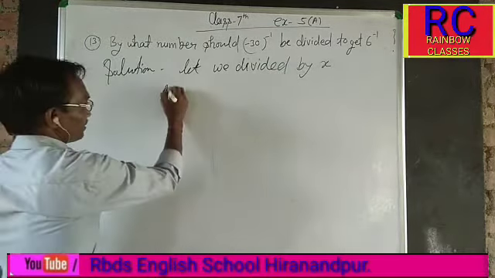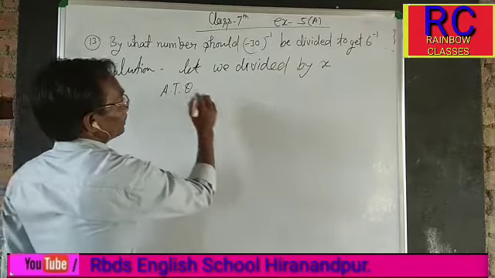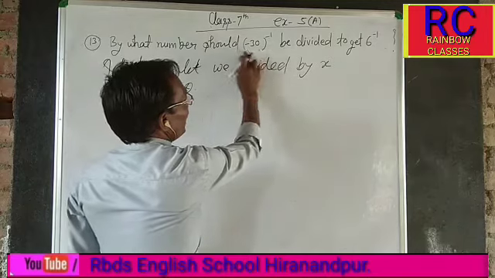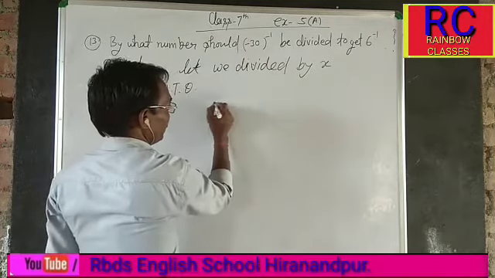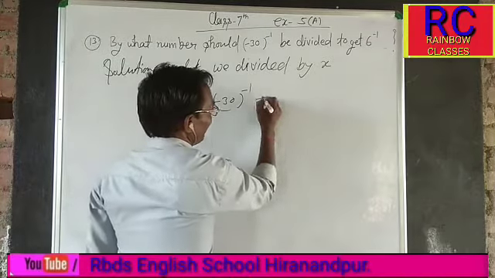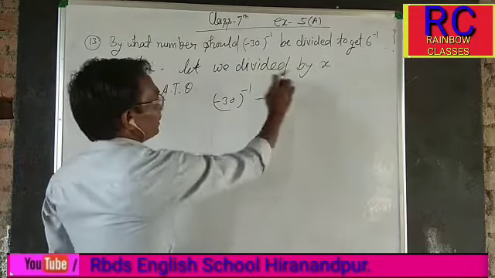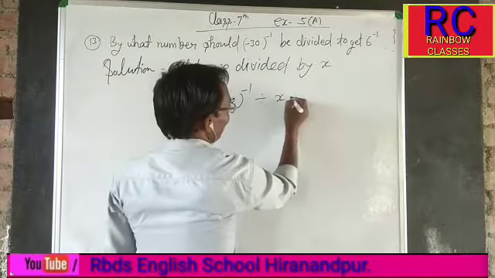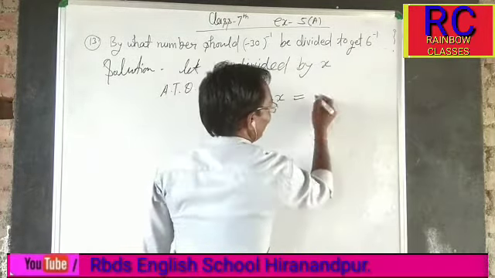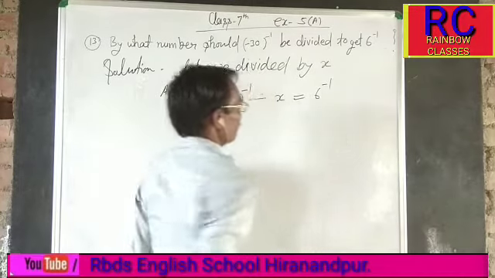According to the question, by what number should minus 30 to the power minus 1 be divided, let it be x, to get the quotient 6 to the power minus 1.